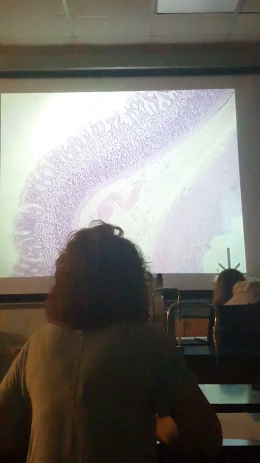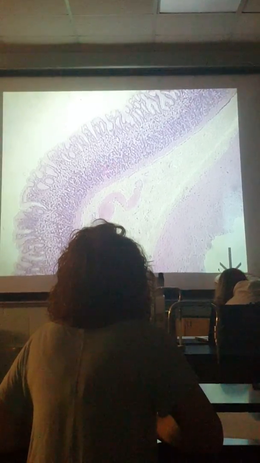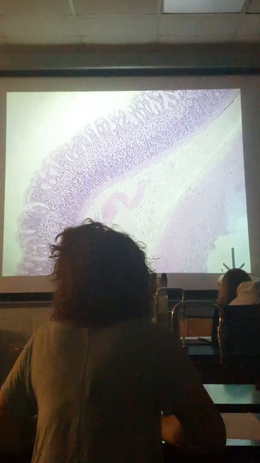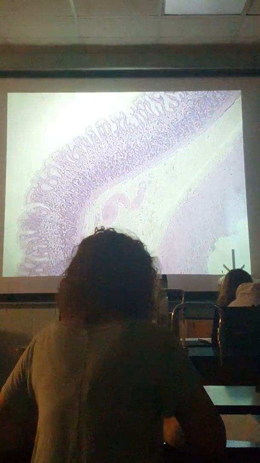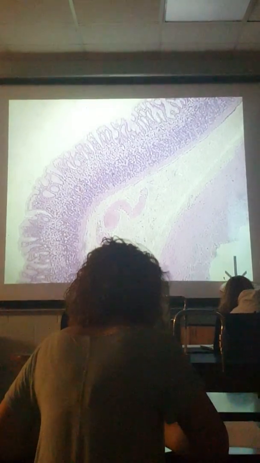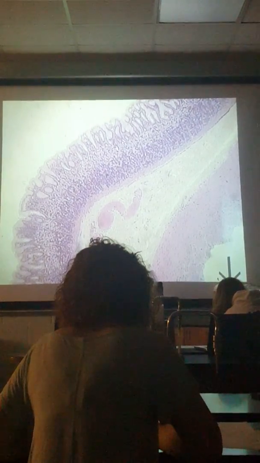The gastric pits start here at the top and work all the way down here. At the top of the gastric pits, we have the neck cells that secrete just mucus, to coat the stomach, to keep it from digesting itself. Down here in the base of the pit, this is where we have chief cells and parietal cells and G cells. The parietal cells are going to be secreting hydrochloric acid. They're mixed up down in here.